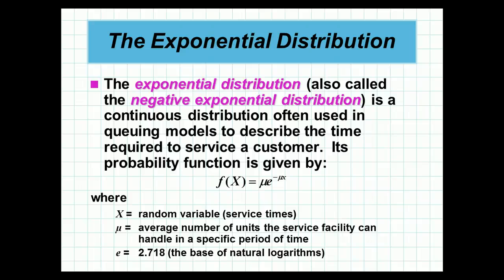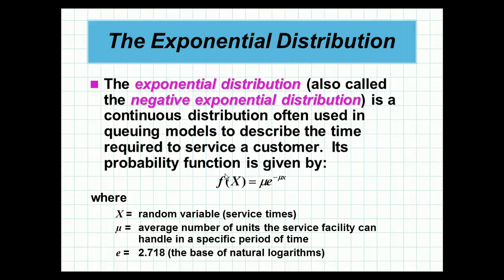We are running short on time. I hate to make these videos very long, but I do want to cover all of the homework problems in them. So the last thing I'm going to look at here is the exponential distribution because there's a homework assignment related to it. The exponential distribution is also called the negative exponential distribution.